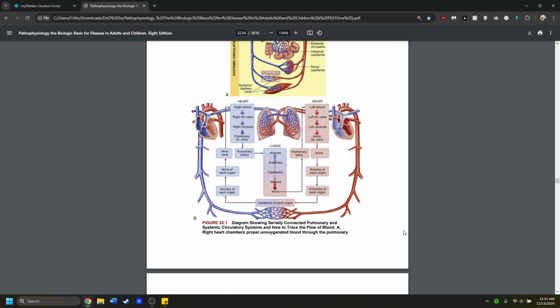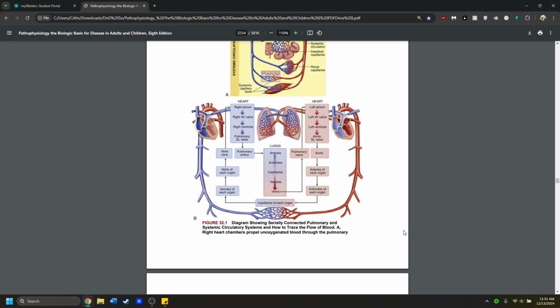Then it passes through the left AV valve, which separates the atrium and the ventricle, to finally the left ventricle, where it gives that final squeeze through the aortic SL valve and delivers that blood into the aorta, into the arteries of each other system of the body. The arterioles of each organ then carry that oxygenated blood into the capillaries of each organ.